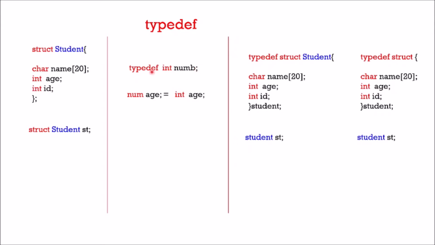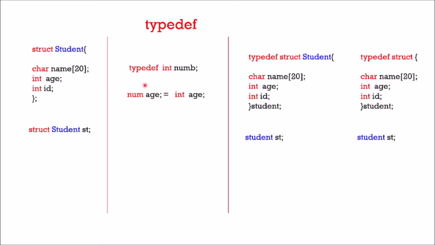In this statement, I'm basically replacing int by the alias num. Okay, so we are not creating any new data type, but we are actually telling the compiler that whenever the word num appears in our code, it will mean int. Okay, so as you can see here, num age is equivalent to int age.